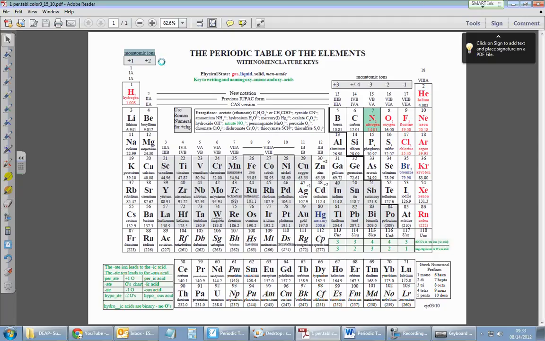Where his table starts to be different is, one, he has the diatomic molecules listed on here. All the ones that, when they exist in nature, exist bonded to themselves. For example, the nitrogen that you're breathing in right now from the atmosphere doesn't exist as just N, it's always bonded to itself, and you have it as N2. Oxygen, what you're breathing in from the air that you need, is not just O, but instead O2.